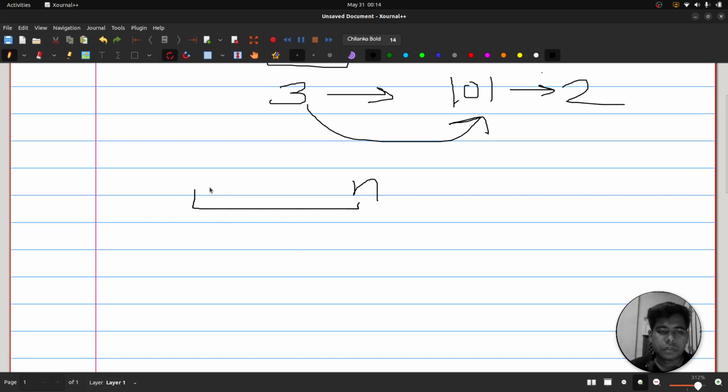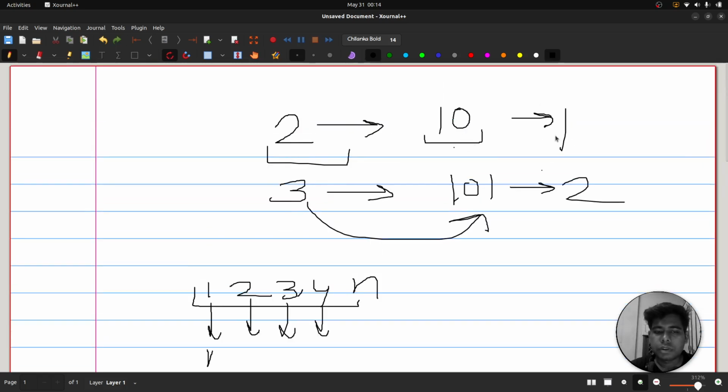Okay, so let's say you have 1, 2, 3, 4. You have to count the number of ones in the binary form of all these decimal numbers. In 1 there is only 1 one in the binary form. In 2 there is only 1.